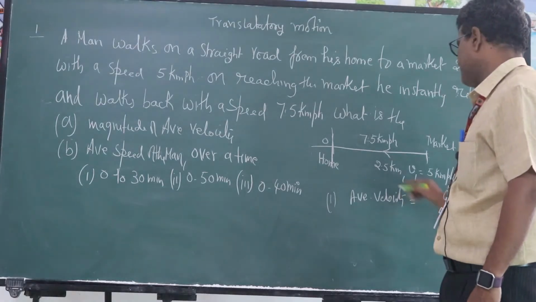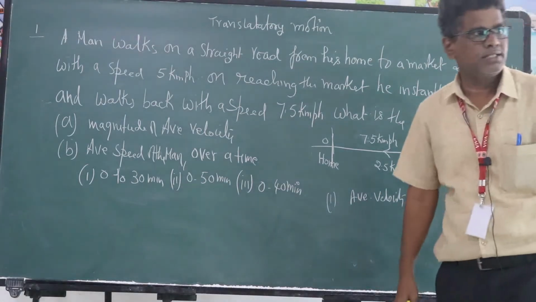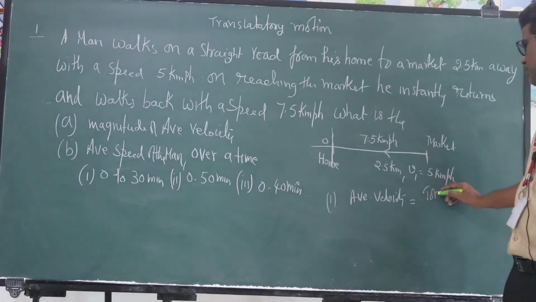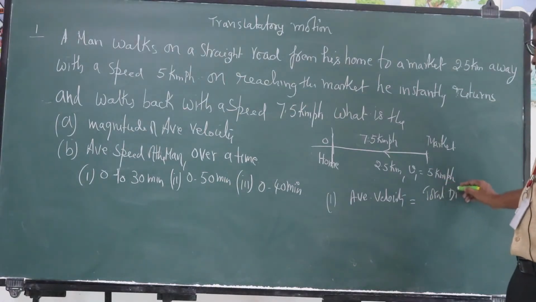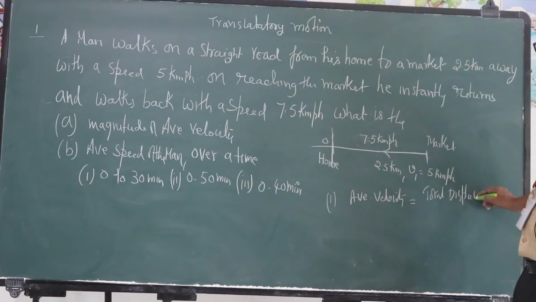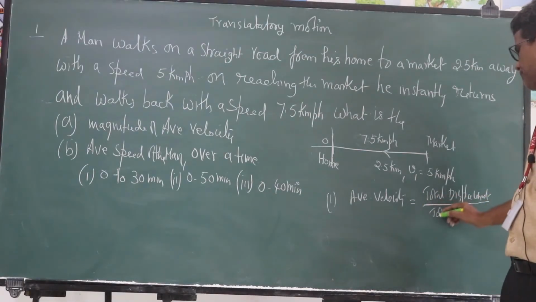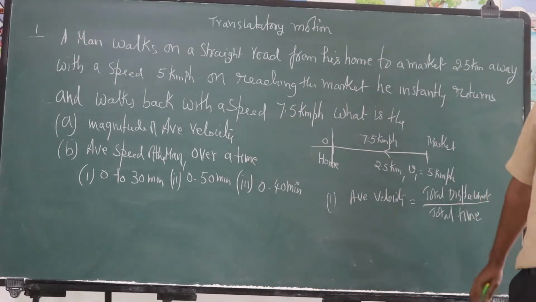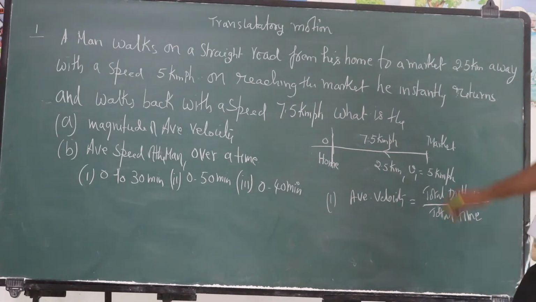What is the average velocity formula? Total displacement by total time. So what is the displacement?